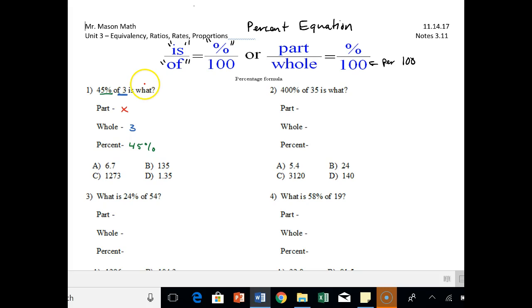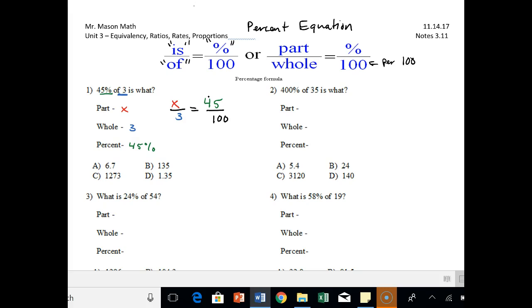So now if I write that over in proportions, I have x over 3 equals 45% over 100. So again, notice 100 will always be in the second denominator. The part is always on top, the whole is always on bottom, and the percent is always over 100.